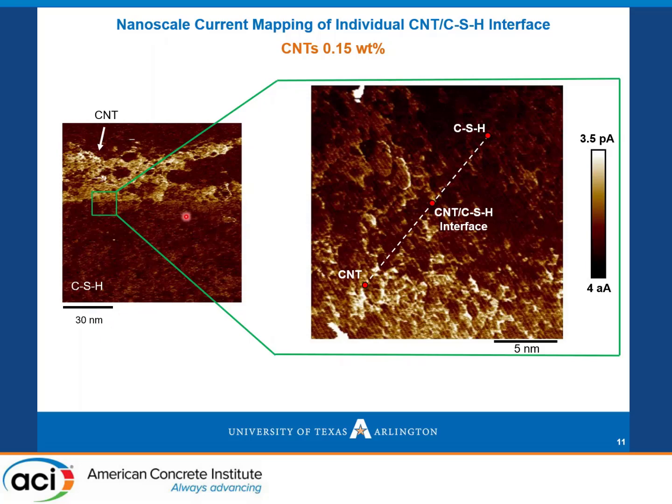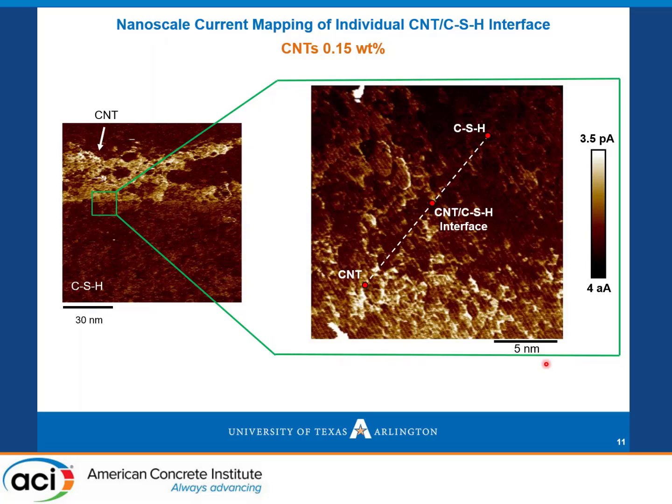Again, the light colored area reflects the current of the nanotube. That means we can see the nanotube, and the dark color area is the current of CSH. And we increased the resolution of this 30 nanometer current mapping, and we went down to 5 nanometer.